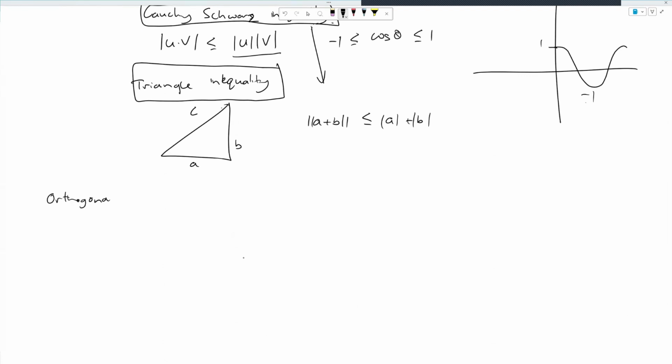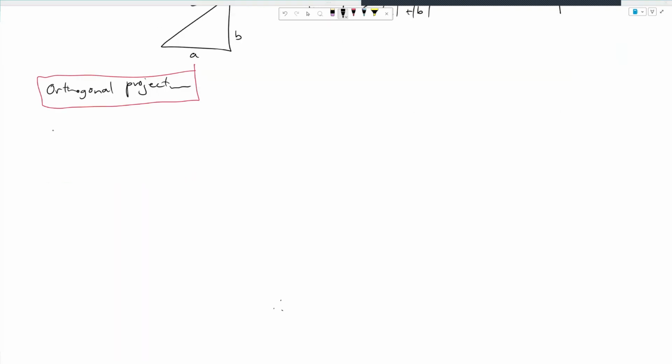Orthogonal projection. So orthogonal projection is if we have two vectors, let's call this V and let's call this B. So we've got two separate vectors.